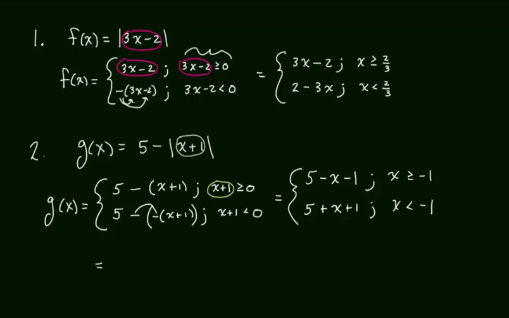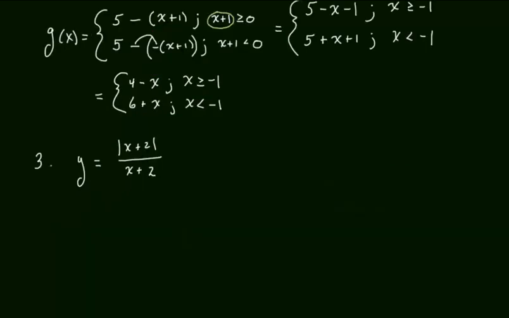We need to simplify this further still, and so this is going to be 4 minus x, provided that x is greater than or equal to negative 1, and finally 6 plus x, given that x is less than negative 1.